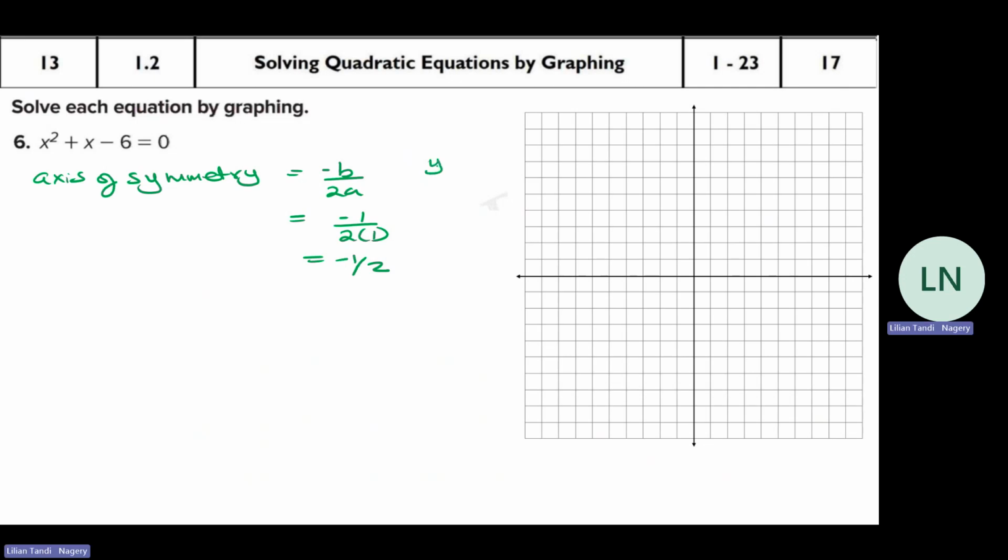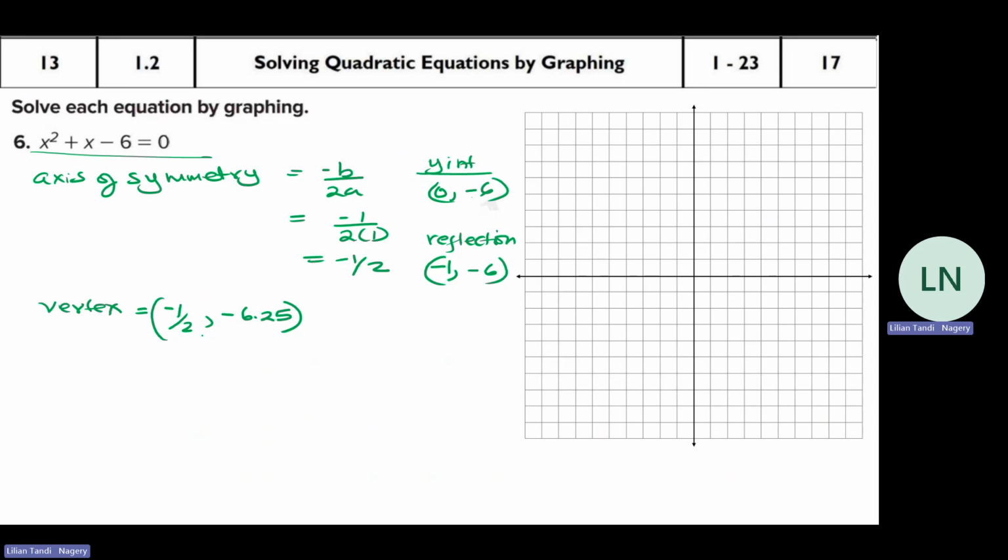Then my y-intercept was (0, -6). Then my reflection will be 2 times this, which will be -1, and my y-intercept, which will be -6. So (-1, -6). Then I do my vertex. My vertex x is the axis, which is -1/2. And when I put -1/2 back into the equation, I got -6 and 25/100.